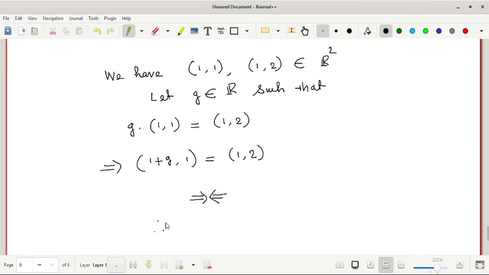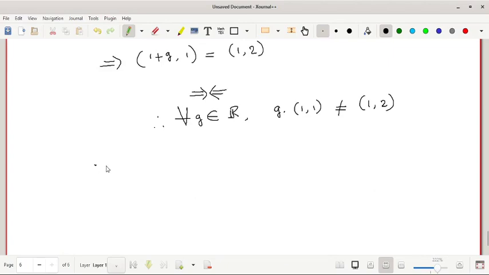So therefore, this g is arbitrary. For every g in R, g dot (1, 1) is not equal to (1, 2). Therefore, the action is not transitive.